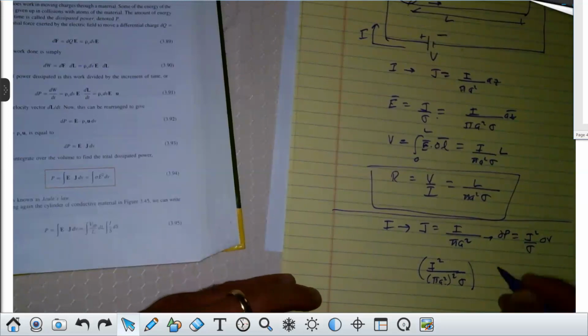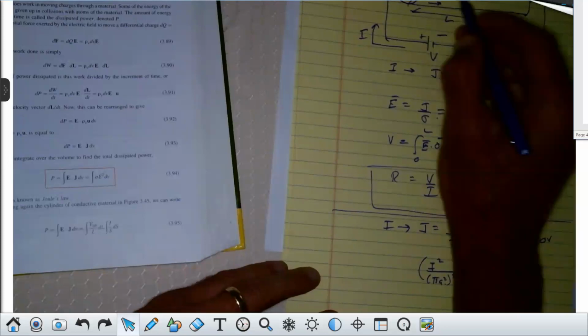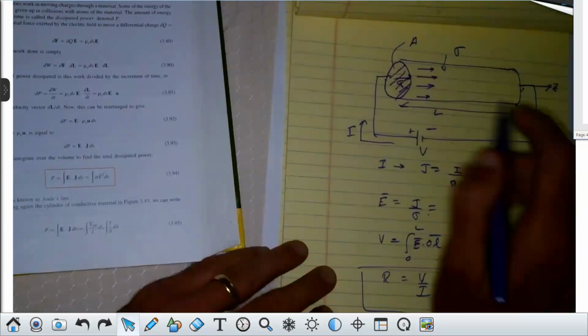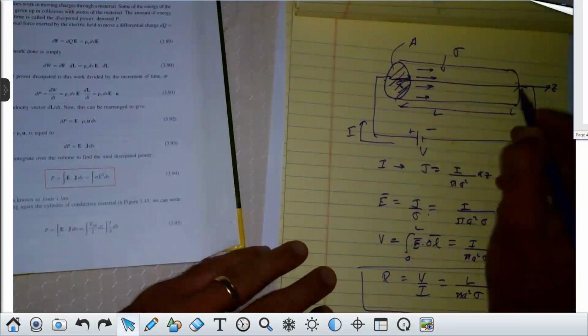Now I have to integrate this, that's differential, over dz, rho d rho, and d phi. Now this is going to be cylindrical coordinates I'm using, and this device under test, if you will, is cylindrically symmetric.